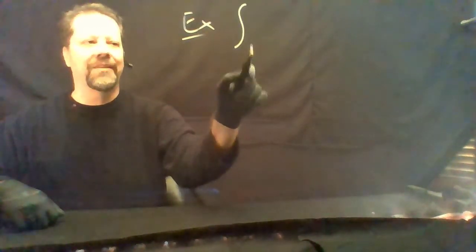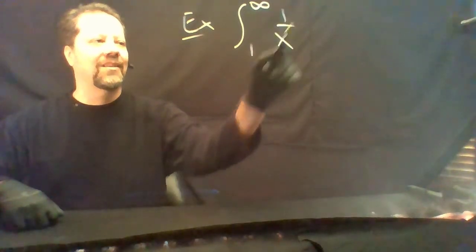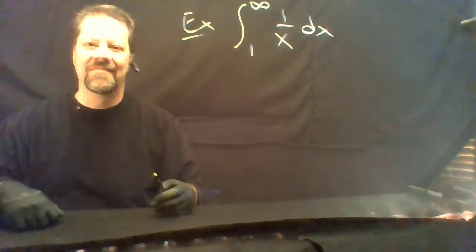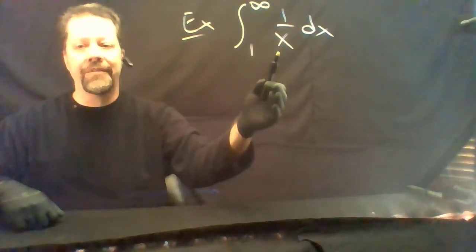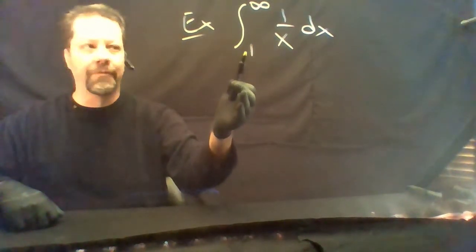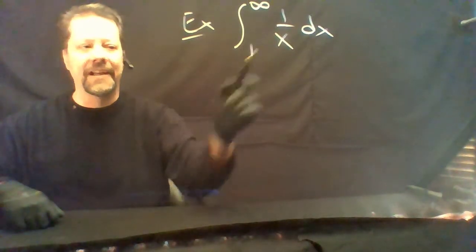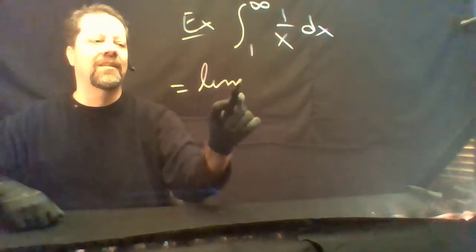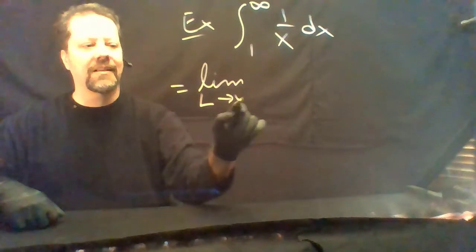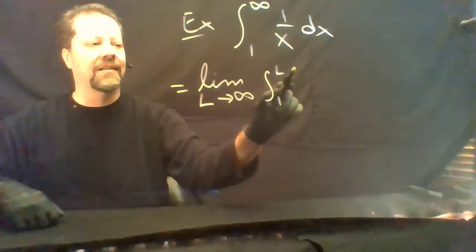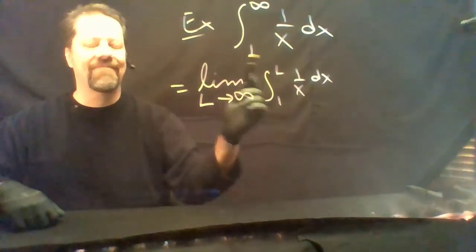Let's suppose we're integrating from 1 to infinity 1 over x dx. 0 is a point of discontinuity, but it's not in the interval from 1 to infinity. So the only limit we have to take is the one involving infinity. We'll take the limit as L goes to infinity, integral from 1 to L, 1 over x dx.